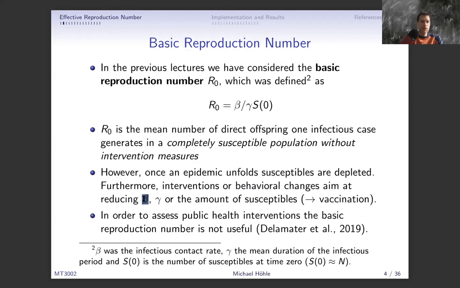Social distancing is one example, or good contact tracing, so you try to reduce the number of contacts, the duration of how long people are infectious, or you even try to decrease the number of susceptibles in the population, for example, by introducing vaccination.